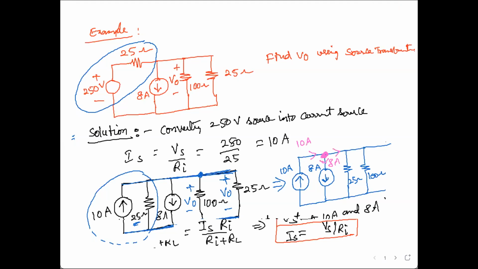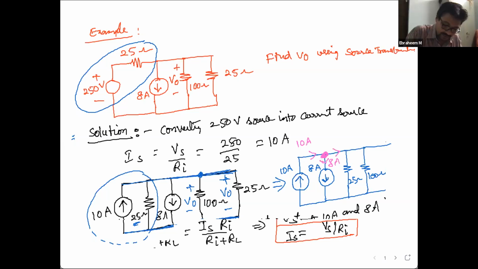How did you tell that? Net current, KCL. If the current approaching the node is 10 amperes, 8 amperes is leaving the node, so minus 8 amperes, and minus I, say let it be I, is equal to 0.